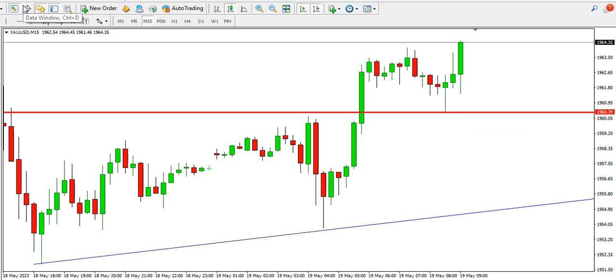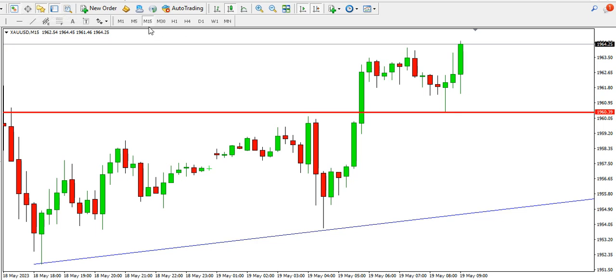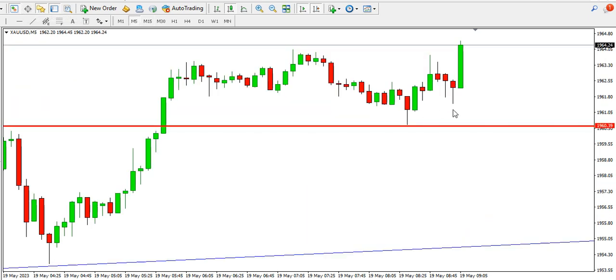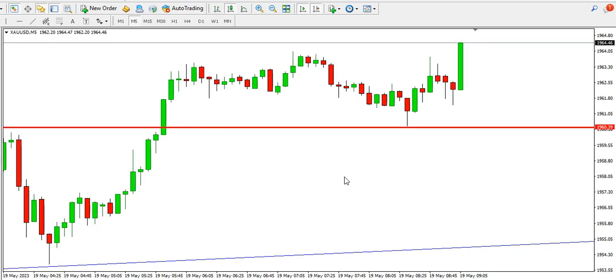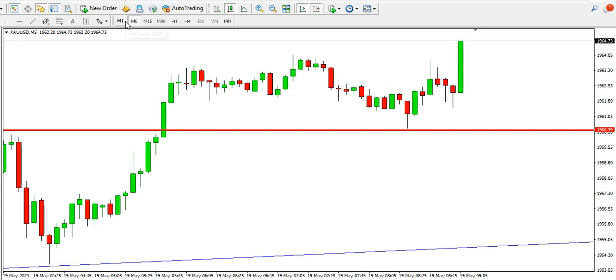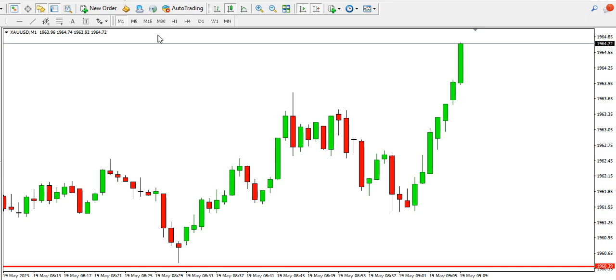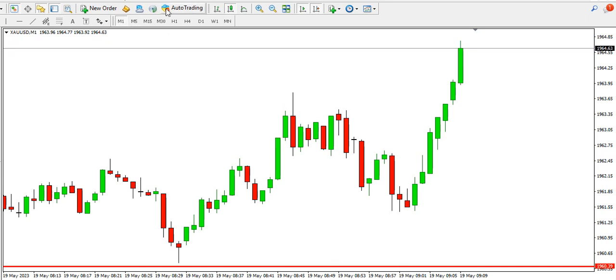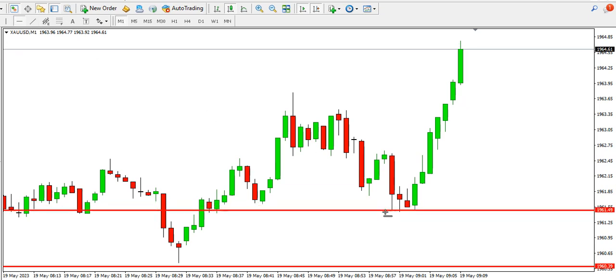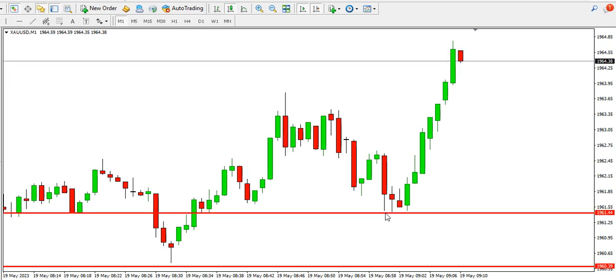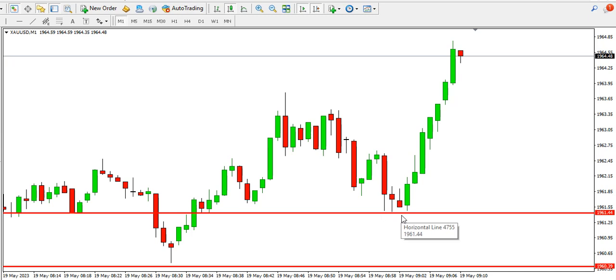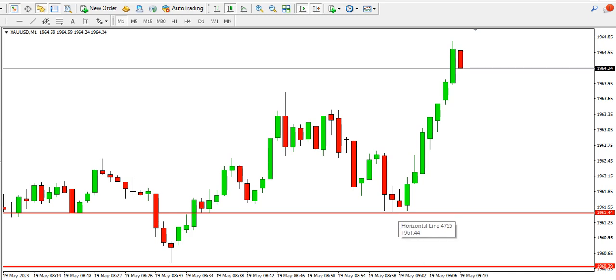On the 5 minutes time frame, the buyers are in control and they're trying to push price up. On the 1 minute time frame, it's buying, so look for buying opportunities. Your stop loss, you might want to place around here, 1961.44.